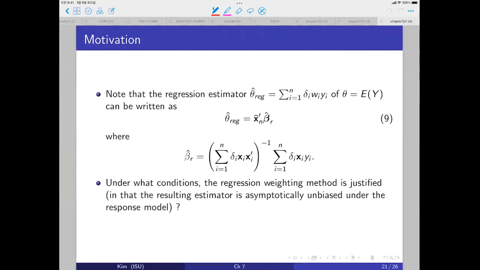So the big question is under what conditions the regression weighting method is justified under the response model. Previously, this regression estimator was justified under the outcome model, the regression outcome model.